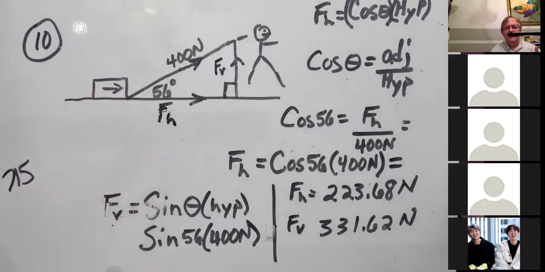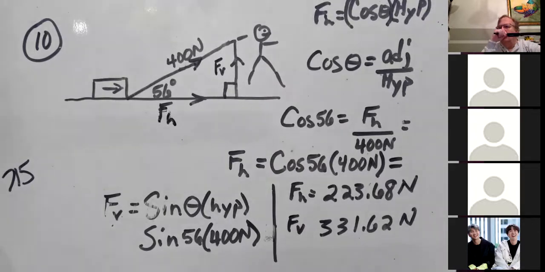Was it 400 newtons on the rope? Yes, sir. It says a force of 400 newtons. Well, no, not on the rope.